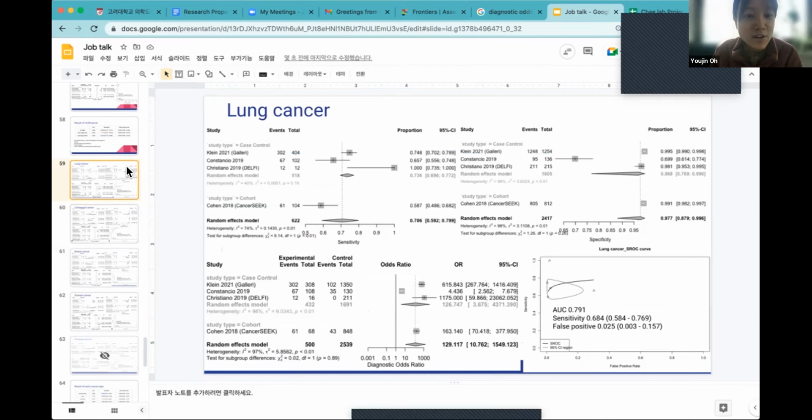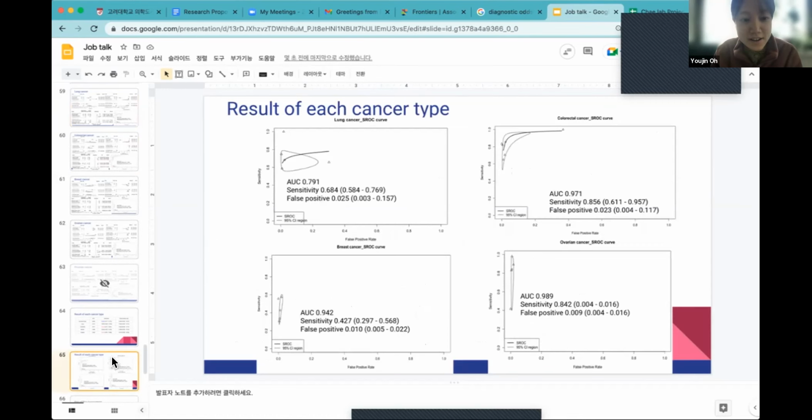And from now on, although the study numbers really decreased when I classified the results depending on each cancer type, interestingly, if you see this last page, the SROC curve shapes are really different depending on the cancer types. Although I cannot interpret what each shape means, there are lung cancer, colorectal, breast, and ovarian.